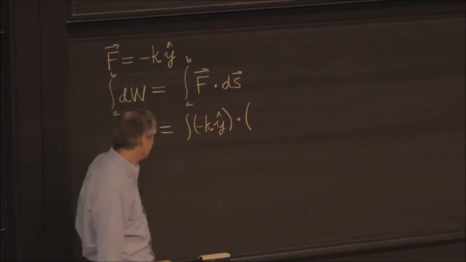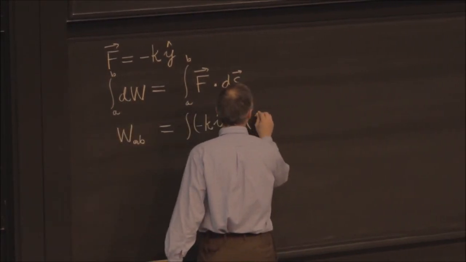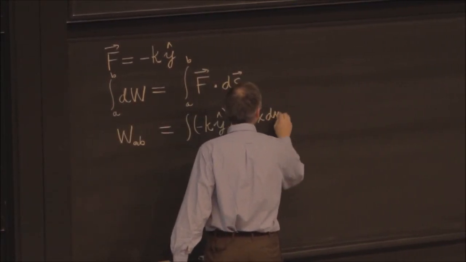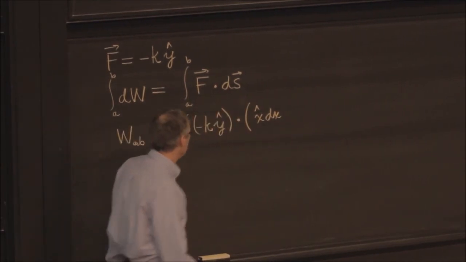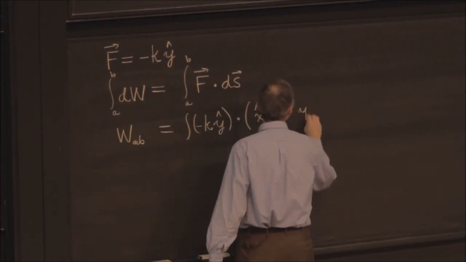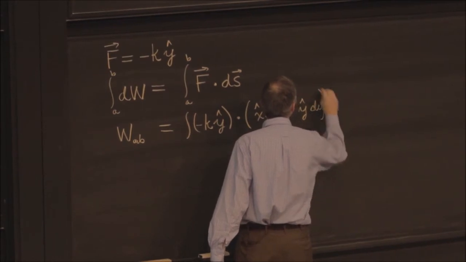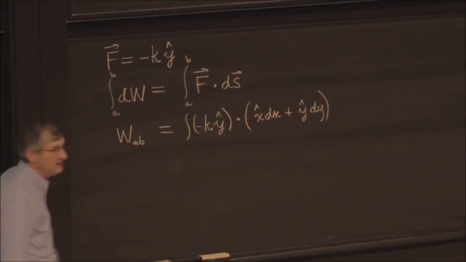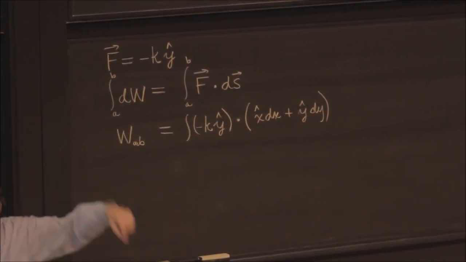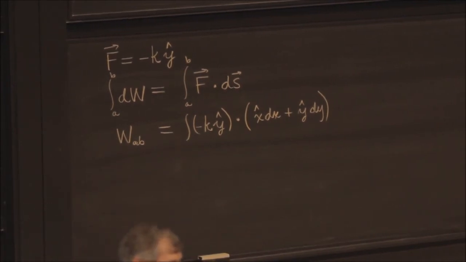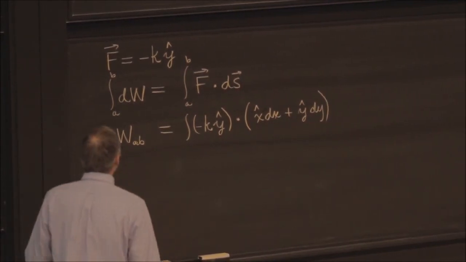Could it change in x? Yeah. So it would be the little step in the x direction, but it could also have a little step in the y direction. And how much of each of those is going to depend on the path that I take in going from A to B?